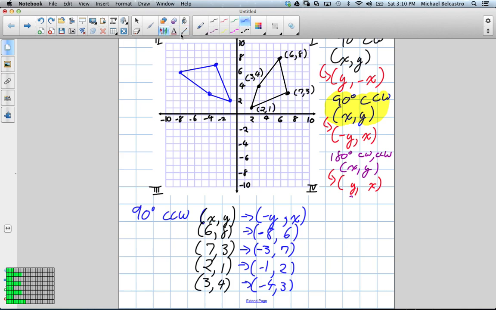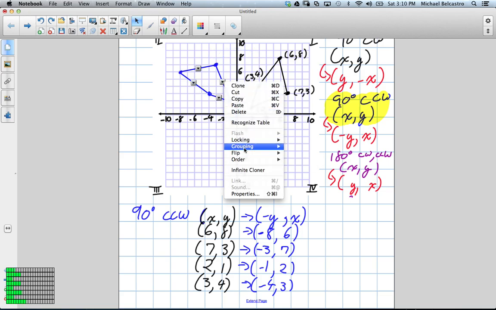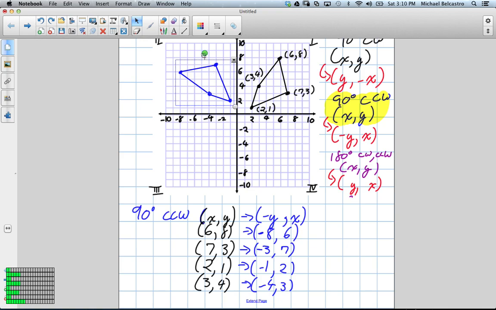And around the origin, what's happened has been shifted back 90 degrees that way, right? And if I actually group this, I'll quickly do that. Group it. You'll get the idea that when I turn it 90 degrees, he's the same shape he was before, yeah, right? So there's a 90 degree counterclockwise rotation around the origin.